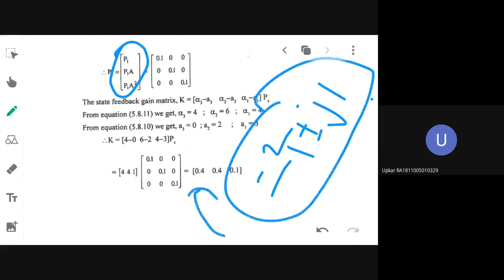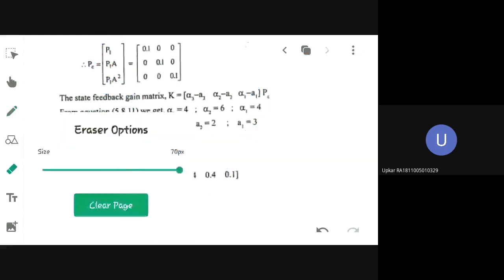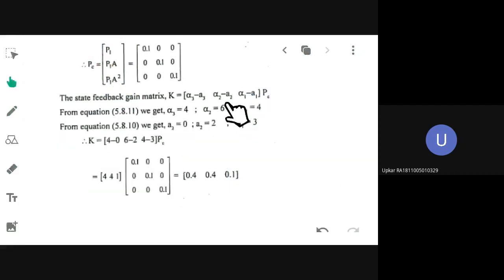And how will you design K? What is the formula for it? Alpha 3 minus a3, alpha 2 minus a2, alpha 1 minus a1, into PC. How will you determine PC? That is a transformation matrix that you determine by using P1, P1A, P1A squared.